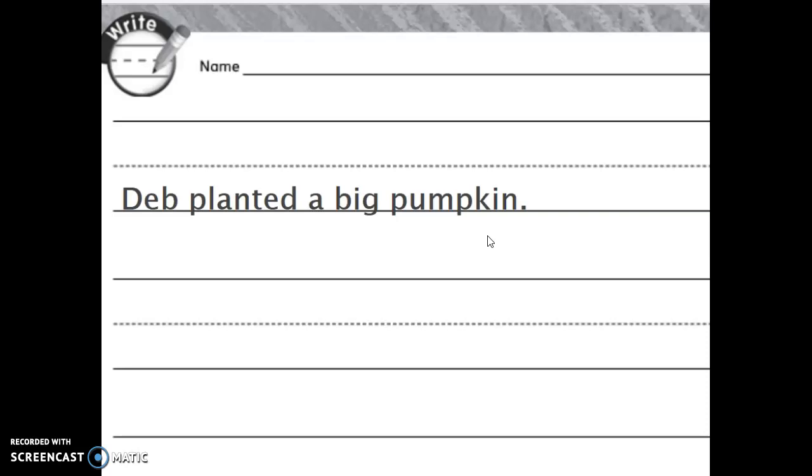So you could write yours like mine, or you can find something else that Deb did. You can go back and look at the pictures. You can also say she planted a big pumpkin. She is the pronoun that you can use to replace Deb's name.